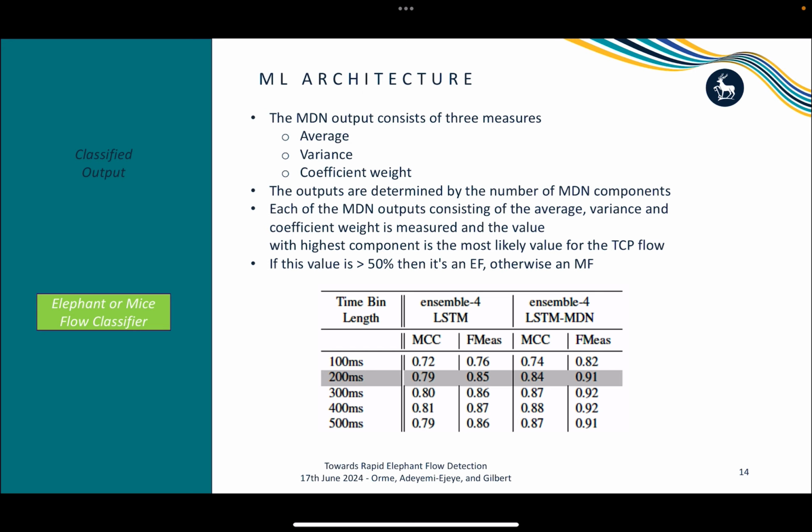These values were assessed, and the component with the highest value was deemed the most likely measure of the TCP flow. We then determined that if the value was greater than 50%, then it was an elephant flow, and this formed the signal that was sent to the network controller. In this results table, we can see that the F measure improves from 0.85 to 0.91 by employing this technique.